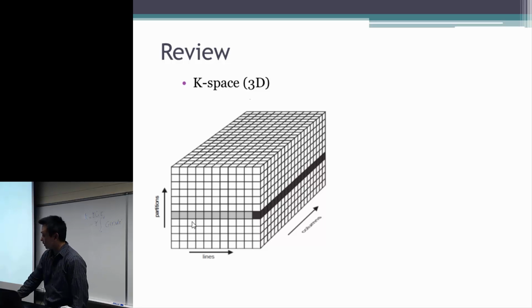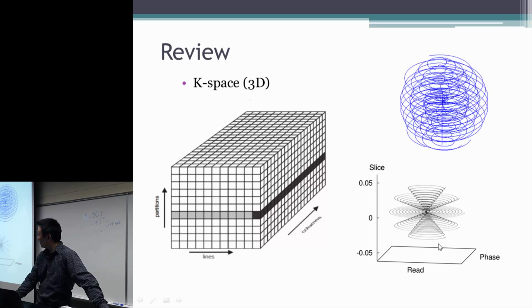Along these two directions, they are all phase encodings. The idea is also to collect as many points as possible in this 3D K-space.